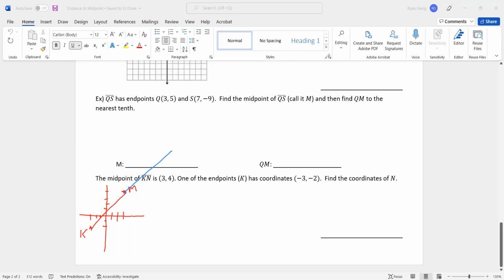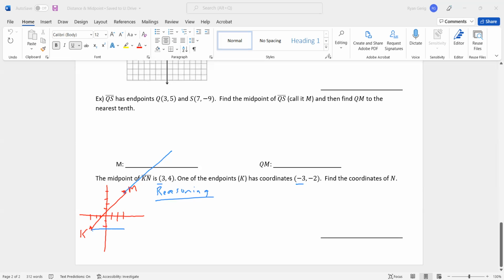Actually, no, I'll do that first. This is what I call the reasoning method. You're reasoning through what's happening here. So from K to M, I'm looking at the x coordinate only. How far do I have to go to get to M? Well, I was at -3 on the x-axis, and the midpoint is at 3.